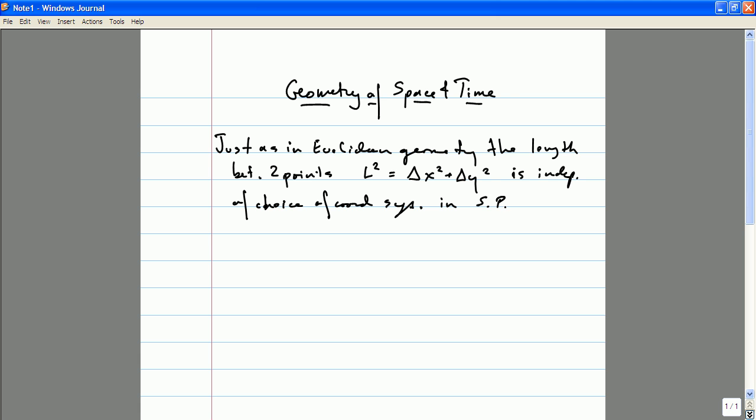In special relativity, we saw that there's an analogous quantity that one can define.